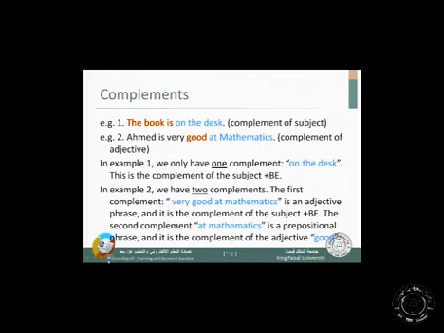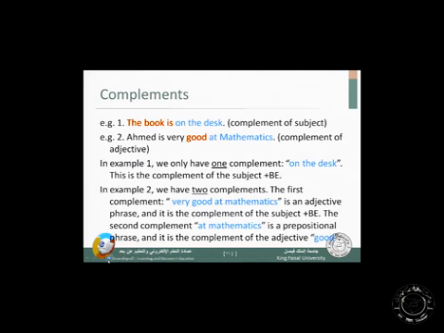If we mean good as in nice, so if we say Ahmed is very good, meaning nice, we don't need to complete it. But when we say he is very good, meaning that he is good at doing something, or he is excellent at a certain thing, we need to complete this idea. So we need a complement for the adjective good. So Ahmed is very good. Good at what? At mathematics. So at mathematics is the complement of the adjective good.